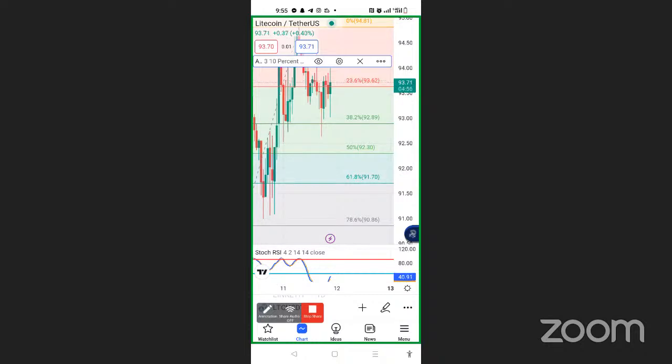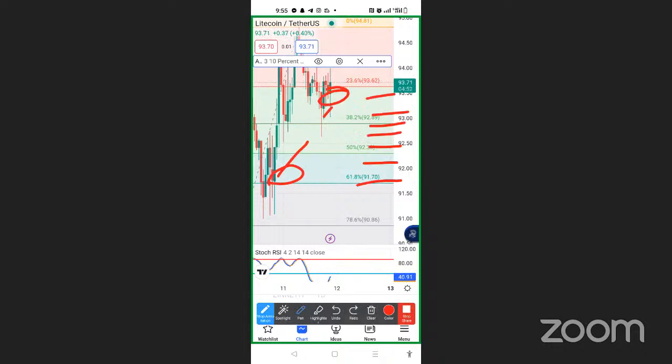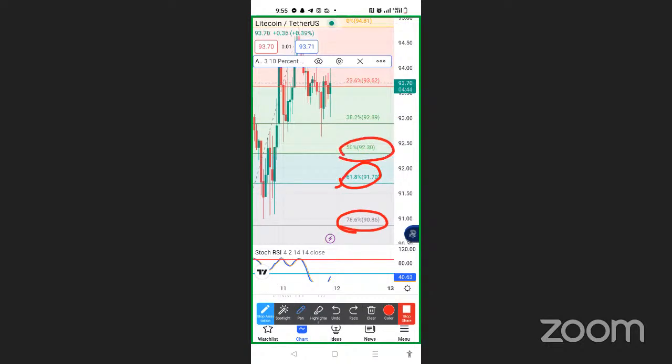So you need to widen so that you can see that this is line 78.6, this is line 61.8, this is line 50, this is line 38.2, this is line 23.6.